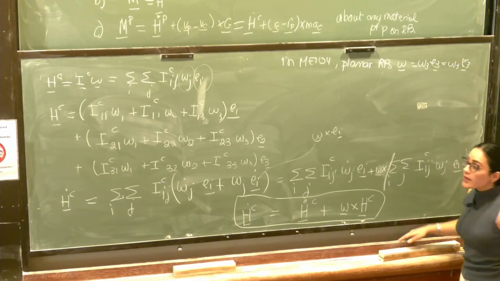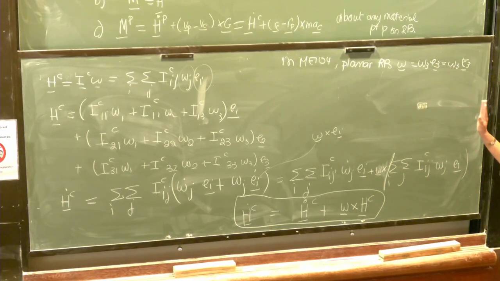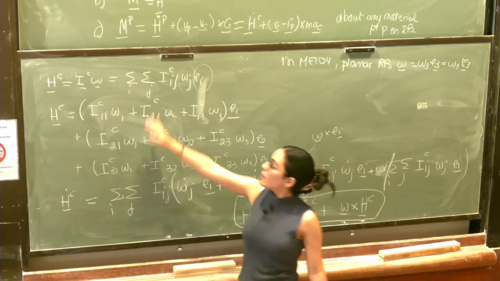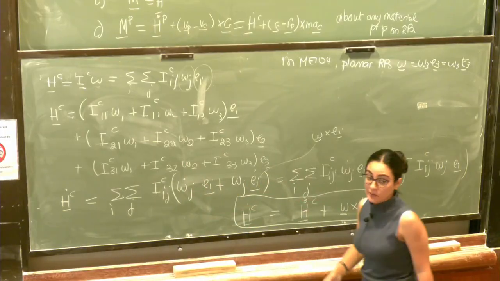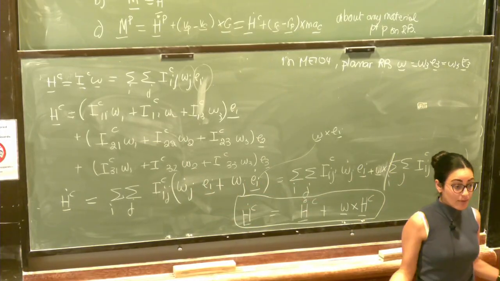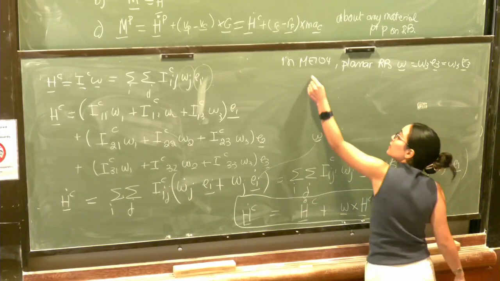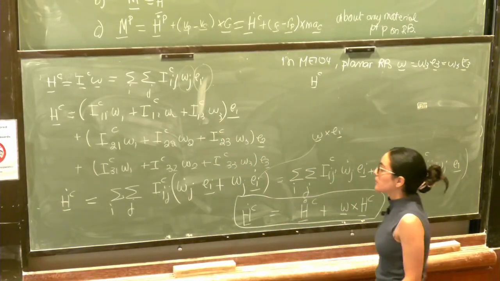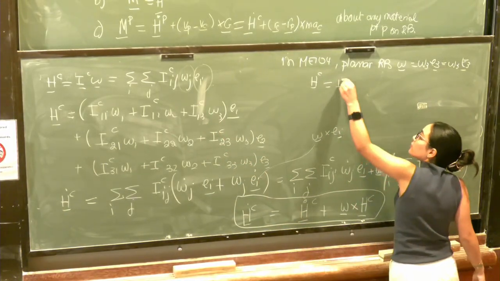Okay, so if the angular velocity is just along e_3, so it's just omega 3, then all the omega 1 terms and omega 2 terms are 0. So these equations simplify. H^C just has these 3 terms left now.